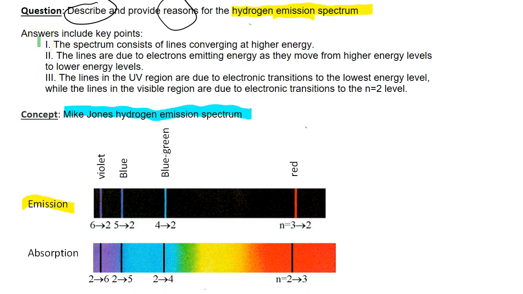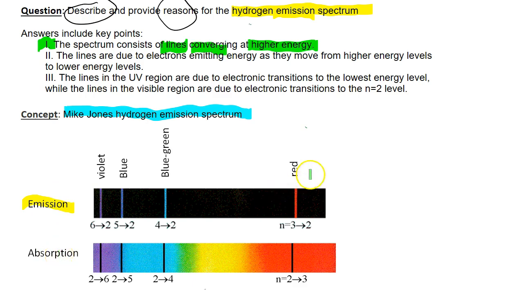Alright, so let's look at the first key points in the answer. The spectrum consists of lines converging at higher energy level. So there are two different spectrum here. We have an emission spectrum and an absorption spectrum.